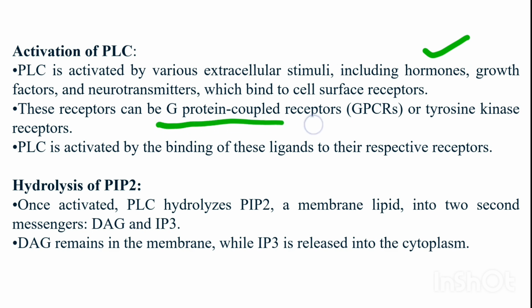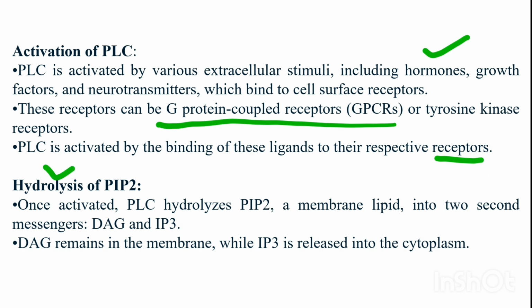These receptors can be G protein coupled receptors, GPCR, or tyrosine kinase receptors, but mostly it is GPCR, or G protein coupled receptor. So at first the signal binds with the G protein coupled receptor. So next, phospholipase C is activated by the binding of these ligands to their respective receptors.